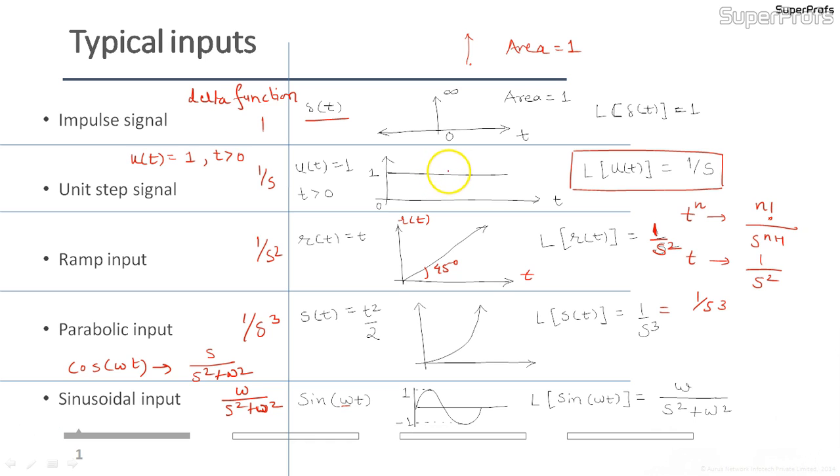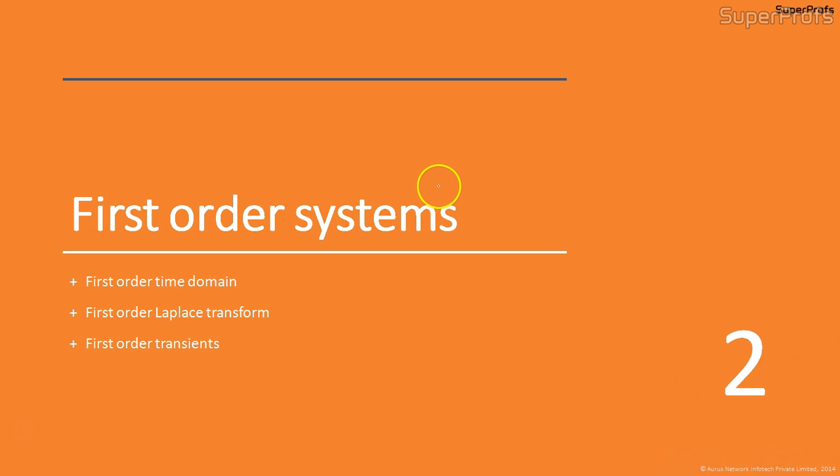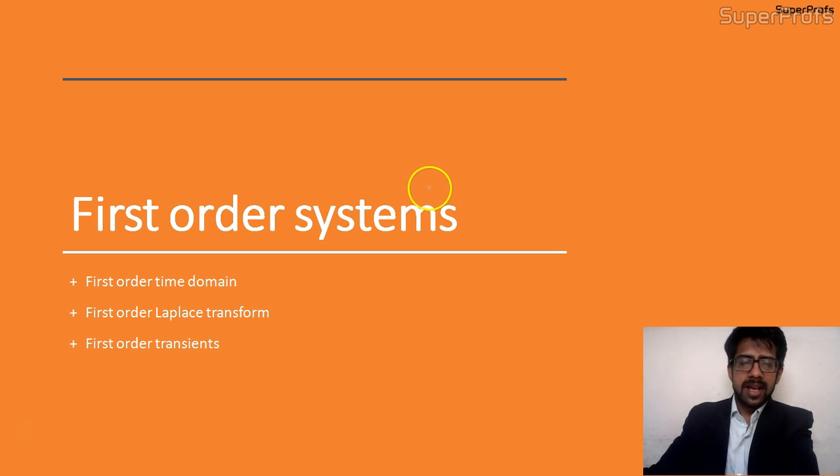Let us go forward and check the first order systems. As I already described, in first order systems, we will be looking at the time domain first order systems. Then we will see how the Laplace transform of first order system looks like.